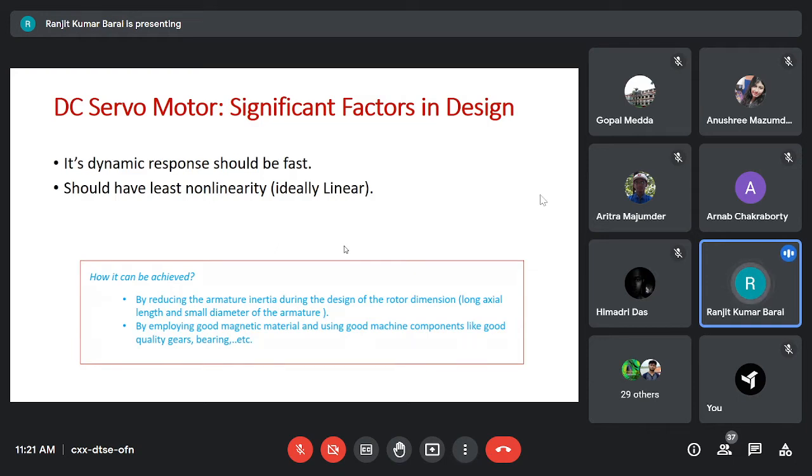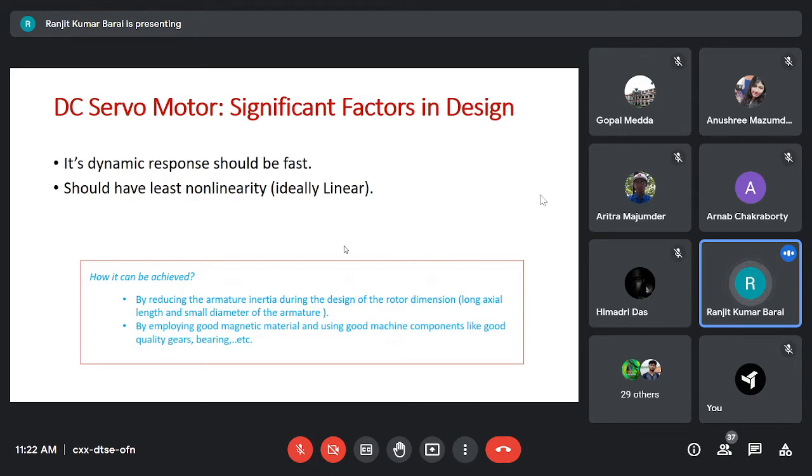So you have to keep the moment of inertia of the armature of the DC servo motor, which is the rotating part, low. How to keep the moment of inertia low? From your basic knowledge of engineering mechanics, you know that if the diameter of a rotating object is reduced, its moment of inertia will also be reduced.